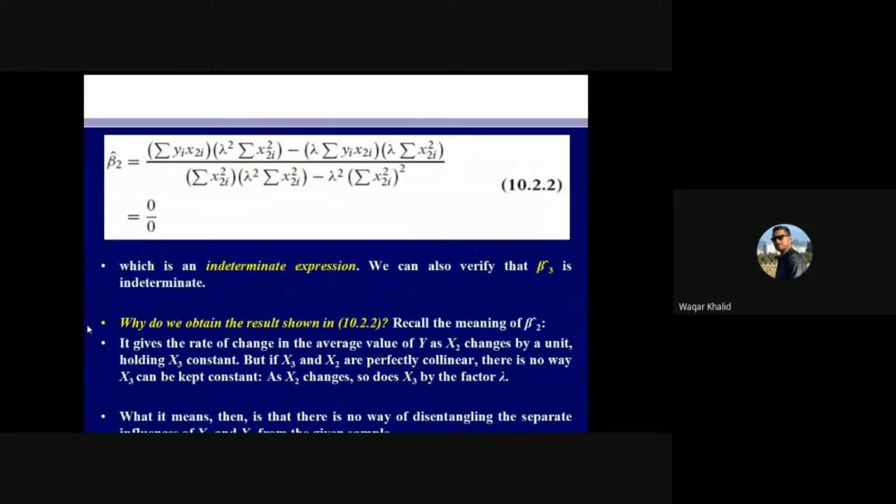So we can say that if we have the case of perfect multicollinearity, we cannot determine our population parameters. We cannot estimate beta 2, beta 3, beta 4, and so on. The question is, why are we getting this result? Why are we getting an indeterminate expression for beta 2 and beta 3?